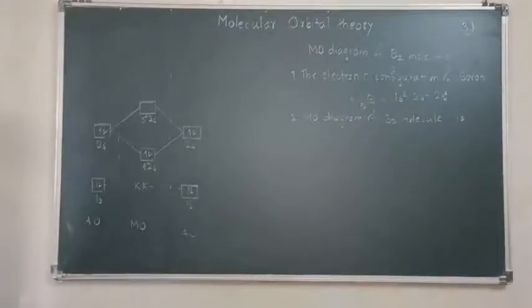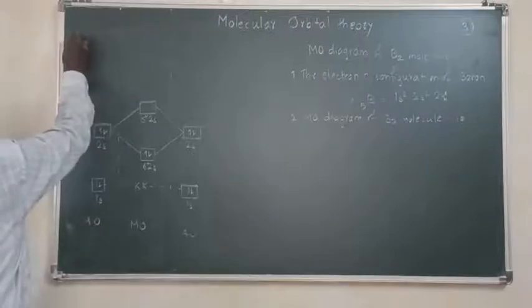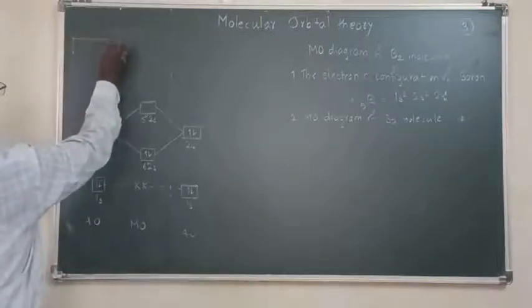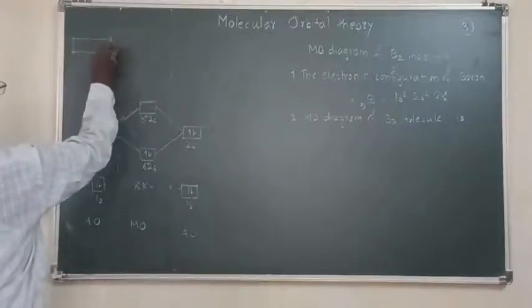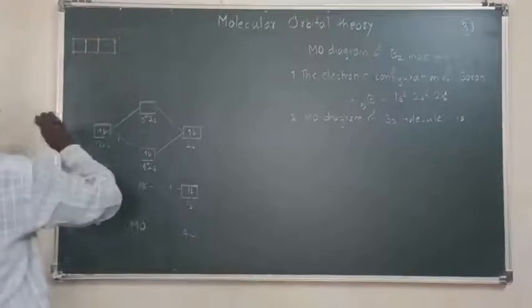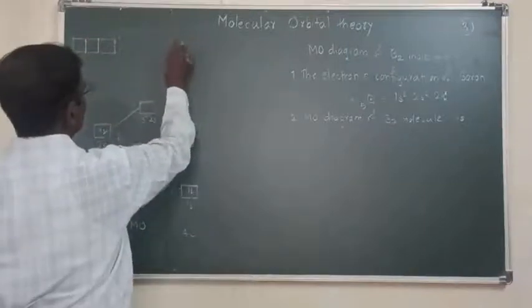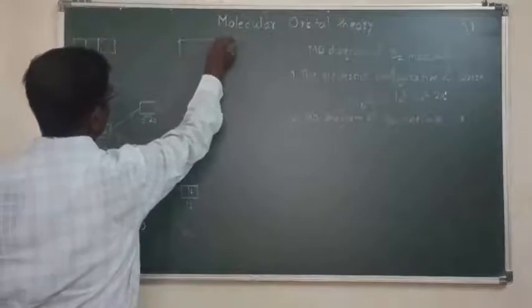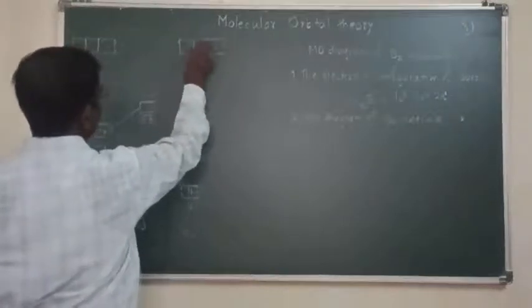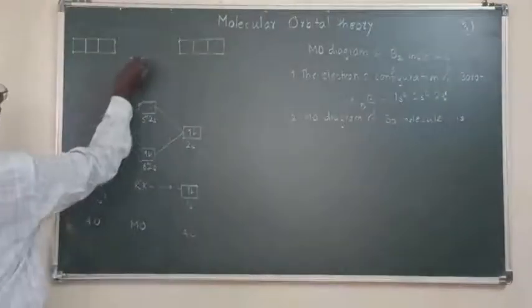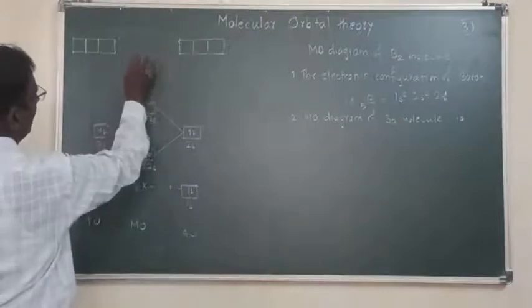Here 2p means 2px, 2py and 2pz. These are the three orbitals. From this, here we can draw like this.